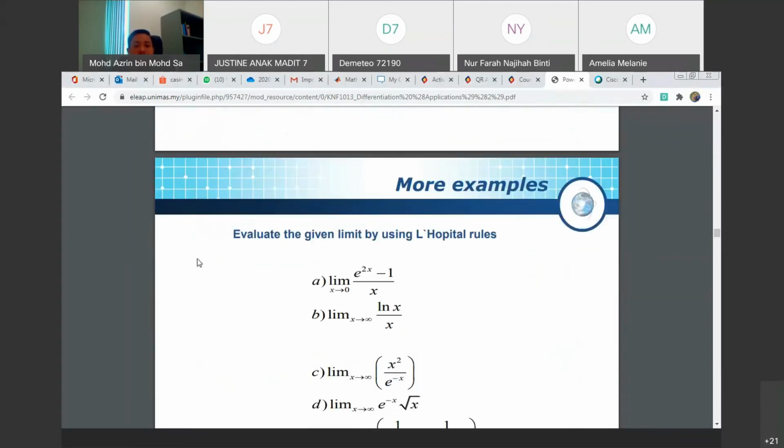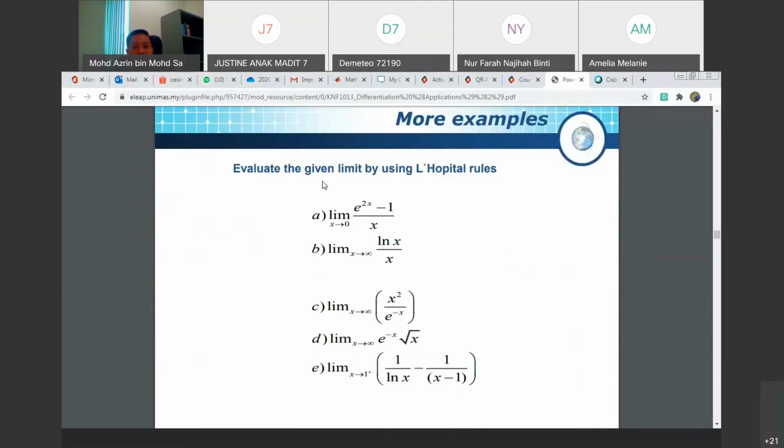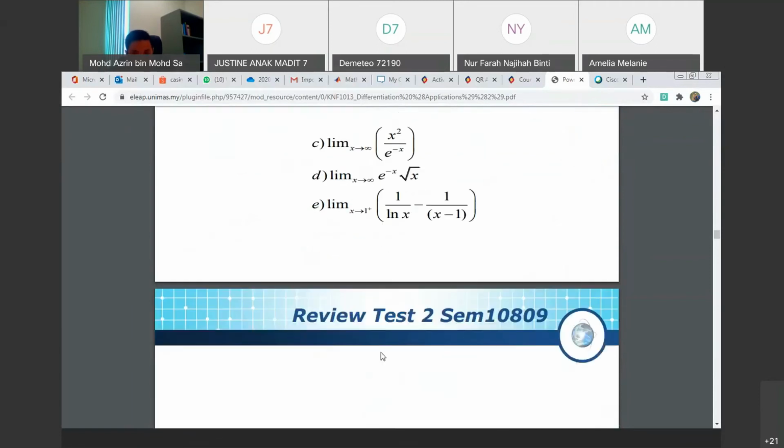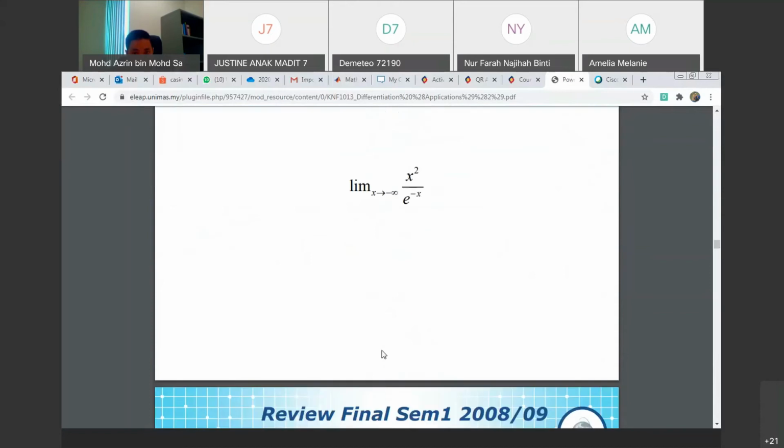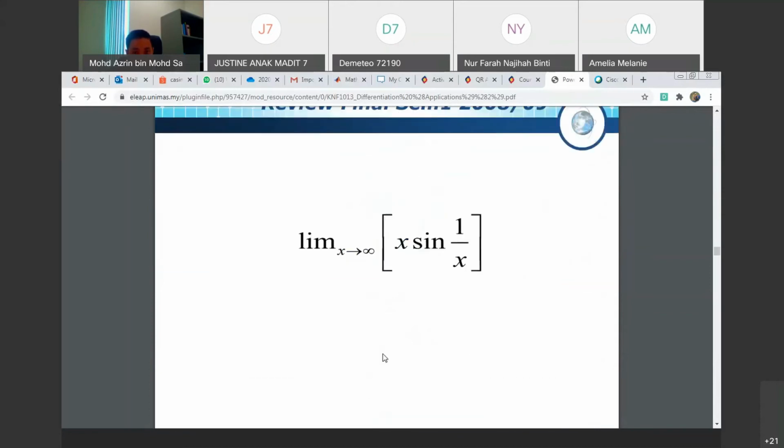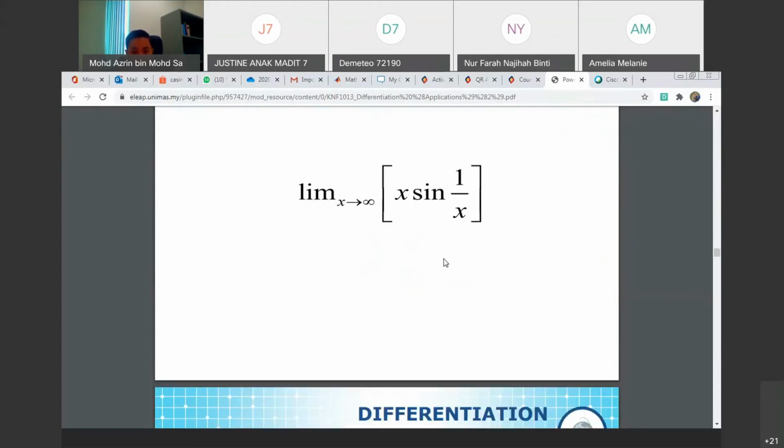Maybe it can be asked in your test or final, right? Okay, so this is some example. You need to evaluate the limit by using L'Hopital's rule. So this is kind of example that you can try later on. So some example in question in final exam and so on.